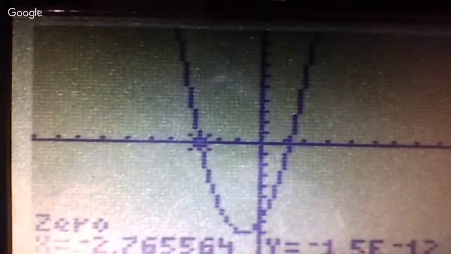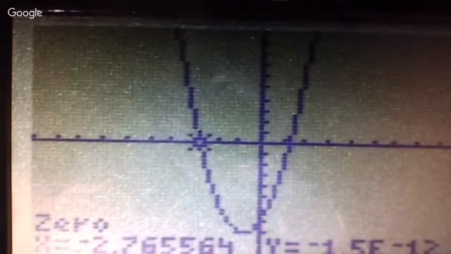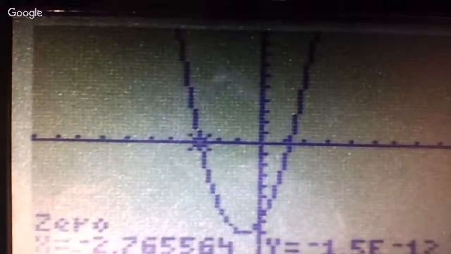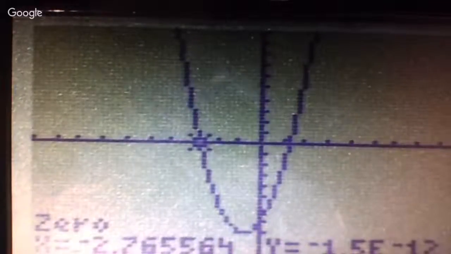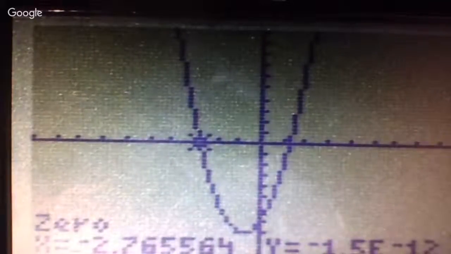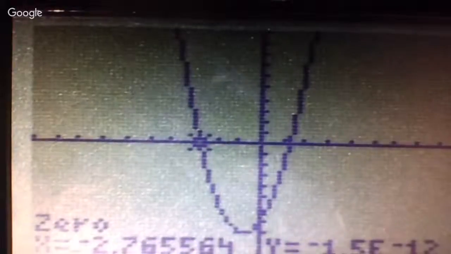This is as close to 0 as you're going to get, so that is okay to see. You want that to say y equals 0 or y equals something e to the -15th or -12. That just means it's a very small number. It's just how your graph rounded it.